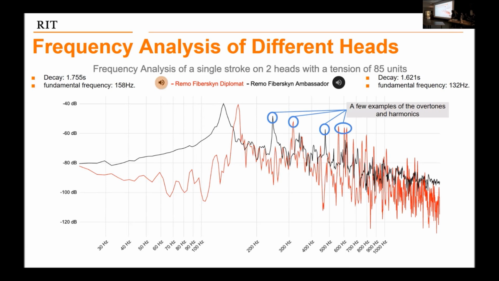So these spikes here are going to be a result of harmonics, which are just 2 times the fundamental frequency, but you're also going to have other frequencies that are outside of those harmonics, some which are in the range of 1.6 times the fundamental frequency.